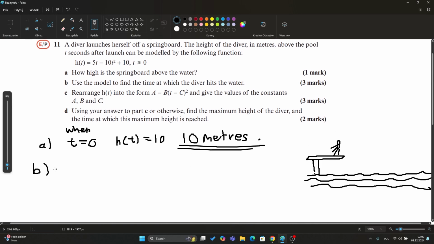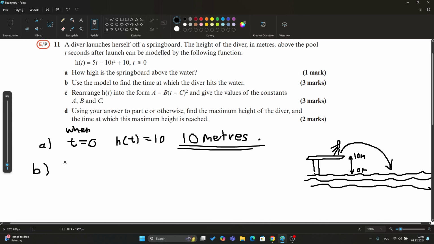Now for question B, use the model to find the time at which the diver hits the water. So that will be when the height is 0. So basically here, the distance from here to here is 10 meters, and once she hits the water, so she will dive like this, that's when the height will be 0.